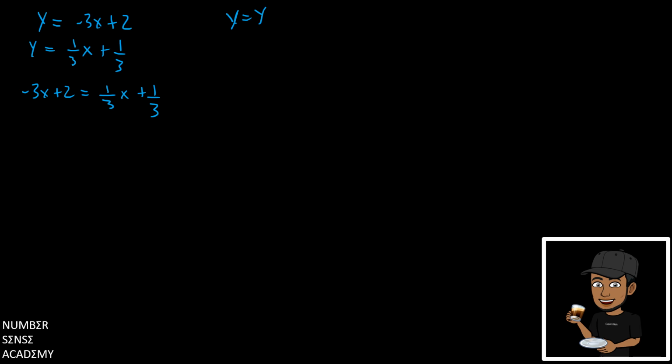And I solve for x, so I have negative 3x minus 1/3 x equals negative 2 plus 1/3. You're dealing with a lot of fractions here, and that could get tricky. But I know that negative 3 is the same as negative 9 over 3, and negative 2 is the same as negative 6 over 3.